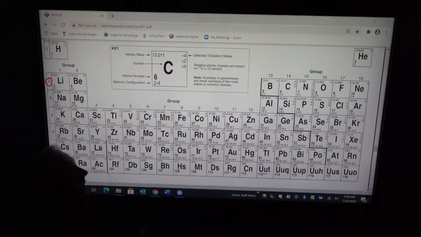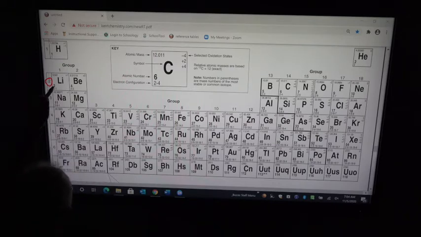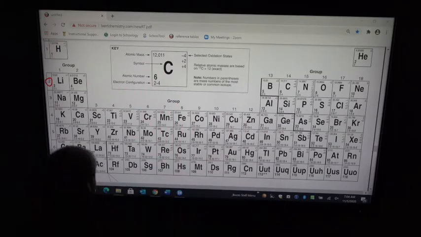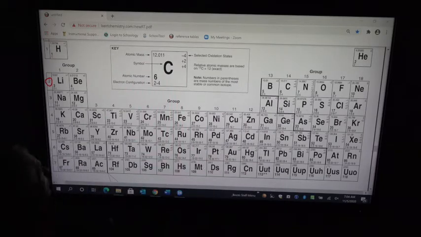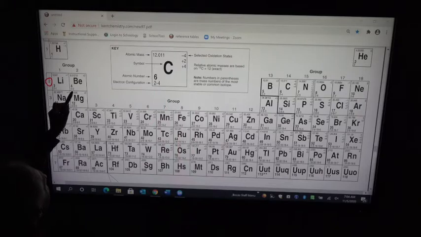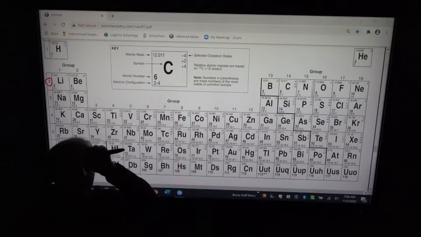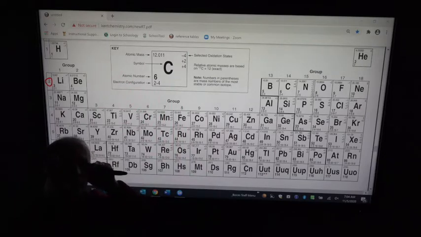So remember, nuclear charge is how many protons you have. The nuclear charge is going from 3 to 4 to 5 to 6 to 7. So the nuclear charge is increasing, but also the negative charge from the electrons is increasing. So you've got stronger positive, stronger negative.